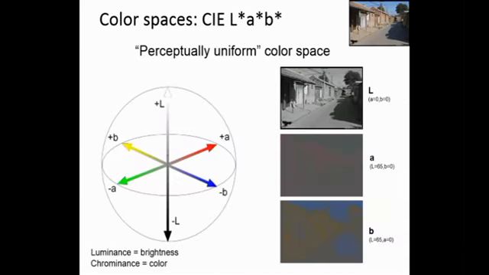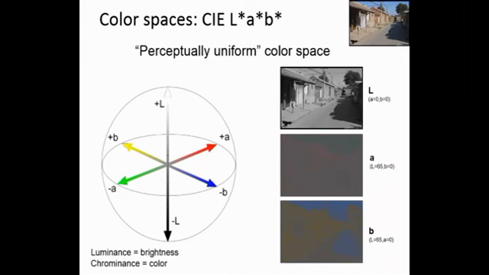Another one is the LAB, called the CIE LAB color space. This was designed to be perceptually uniform. The way they did it is they created triplets of colors and asked somebody to tune them until A is as close to B as A is to C. By doing that, they could map out some perceptual distance in the color space.